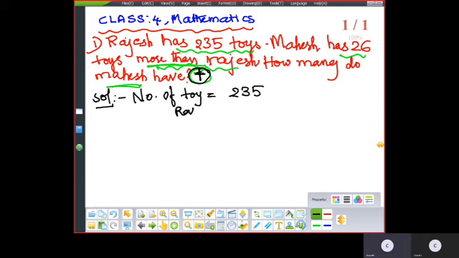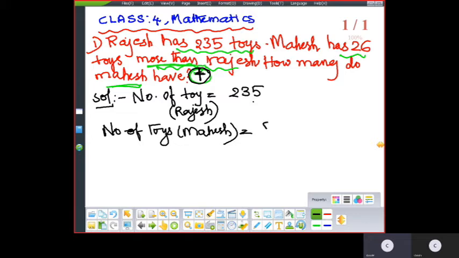Then, the number of toys Mahesh has is equal to how many ever Rajesh is having, more than that.